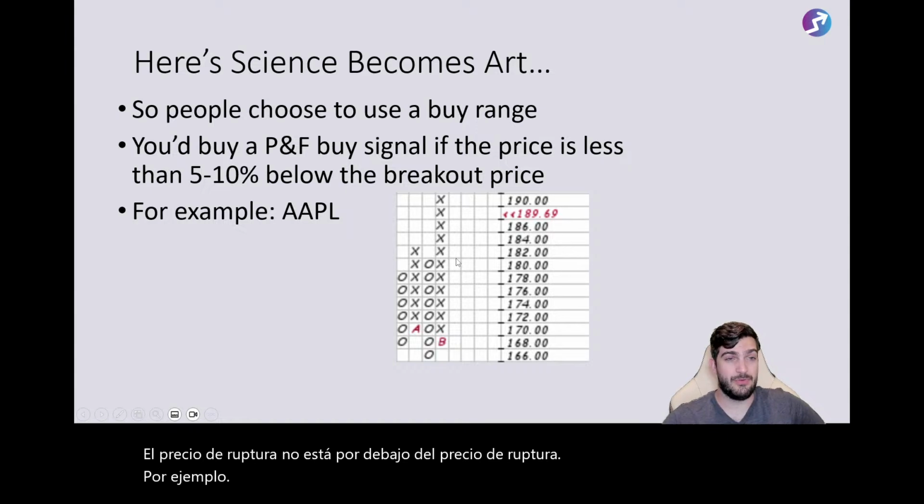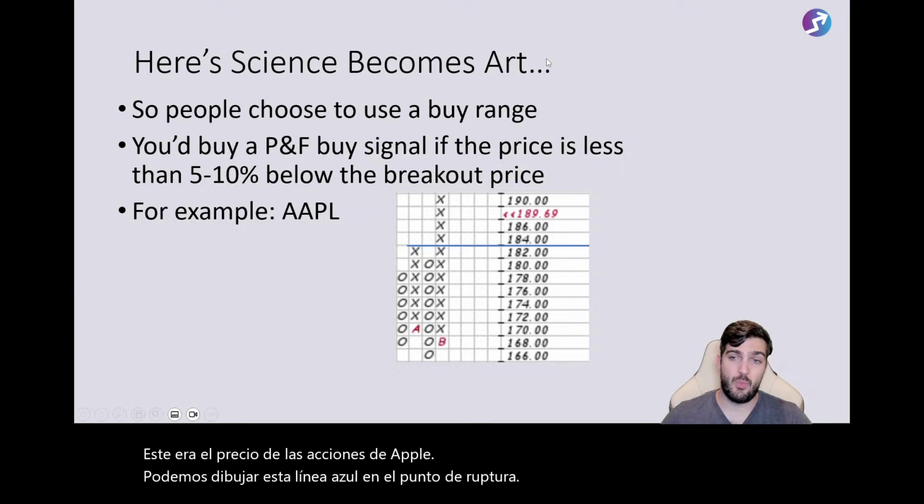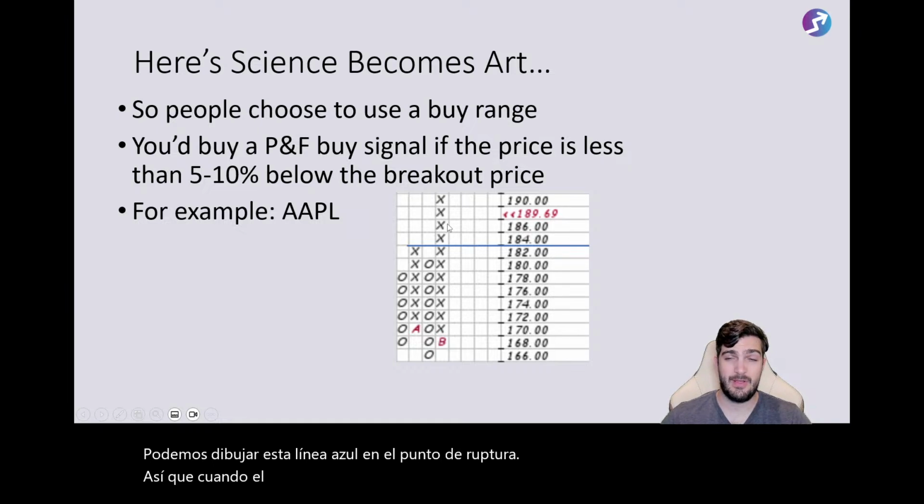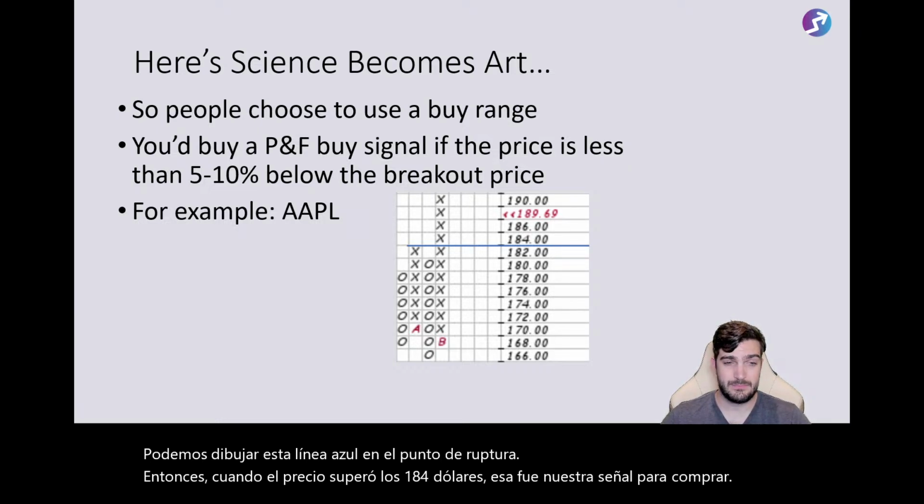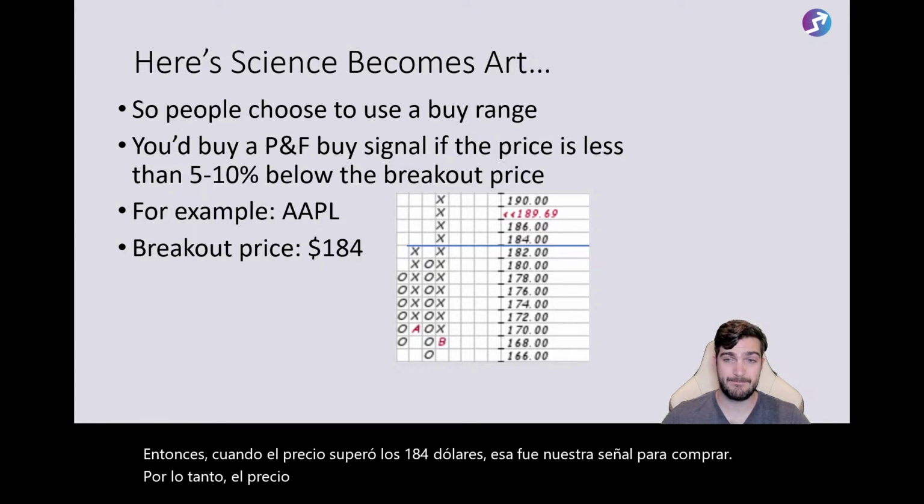Here was Apple's stock price. We can draw this blue line at the breakout point. So when the price went above $184, that was our signal to buy. So the breakout price was $184.